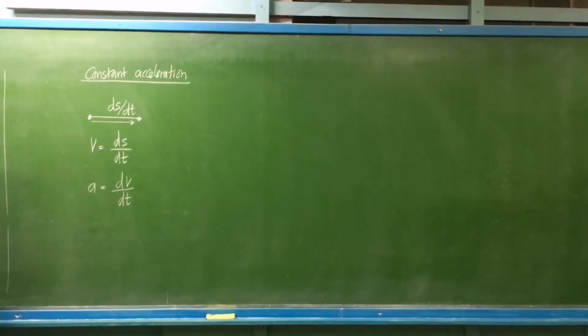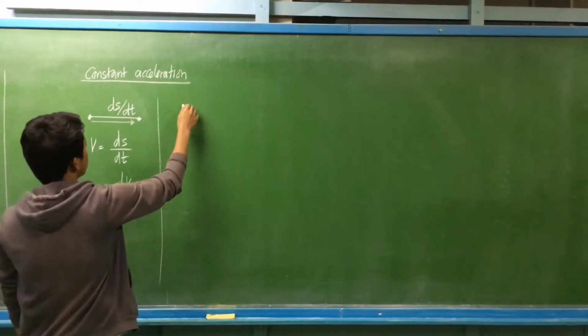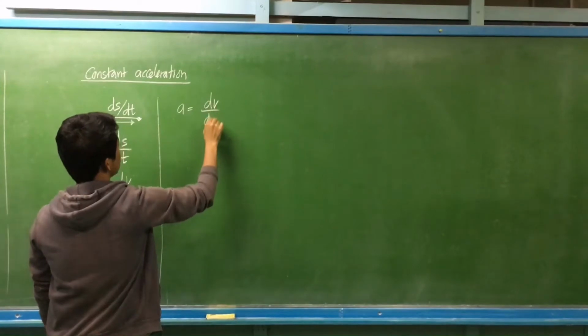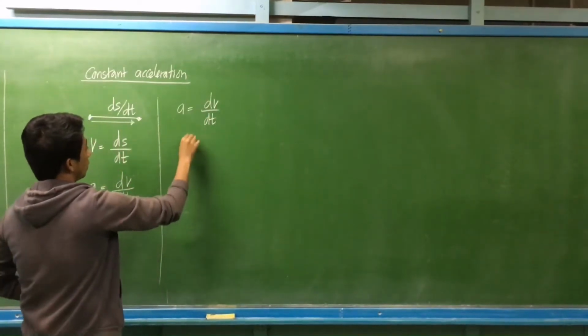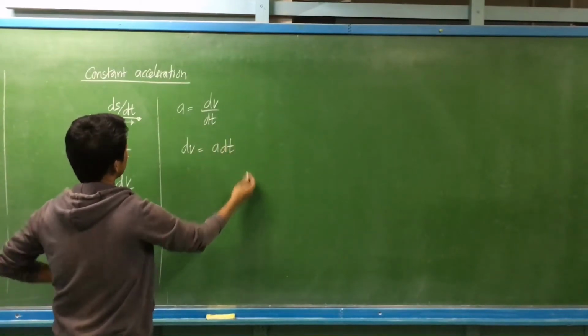How do we derive the equations from these two? For the first one, acceleration is equal to the change in velocity over the change in time, so the change in velocity is equal to acceleration times differential time.